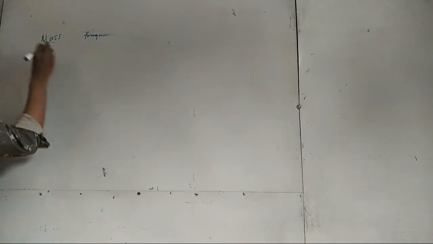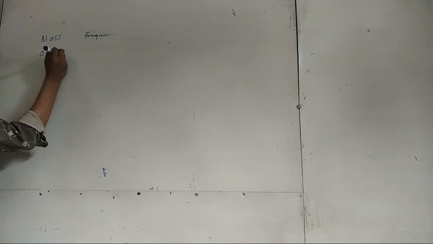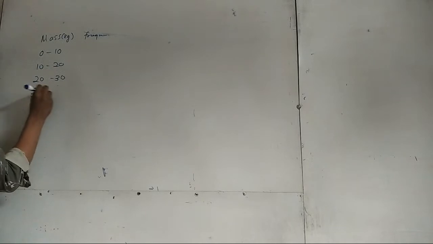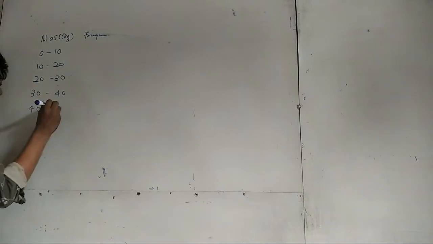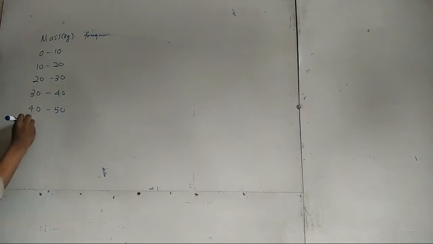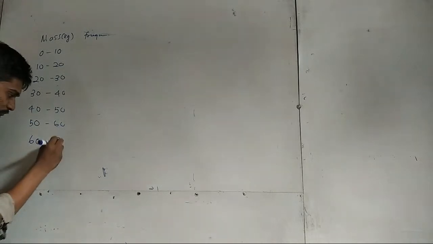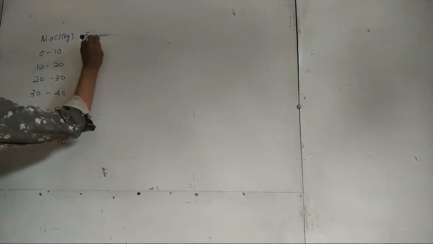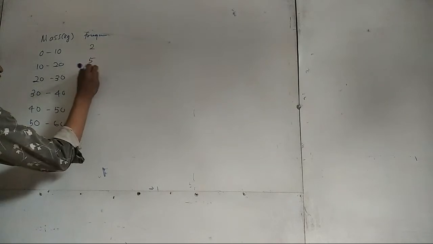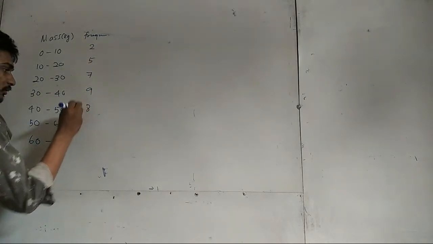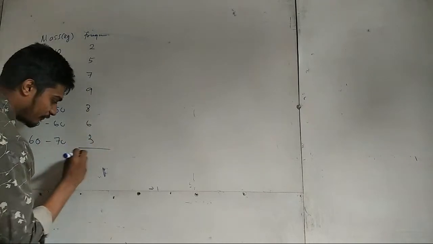So what are the masses? 0 to 10 kilograms, then 10 to 20, 20 to 30, 30 to 40, 40 to 50, 50 to 60, 60 to 70. Good. So what are the frequencies? 2, 5, 7, 9, 8, 6, 3. Sigma f is for sure 40.